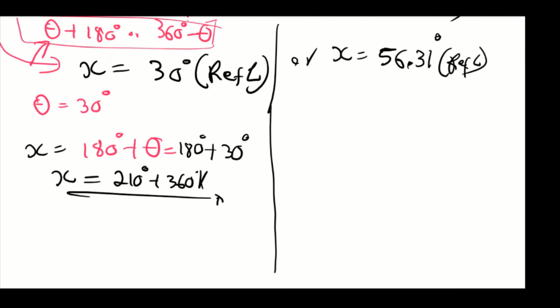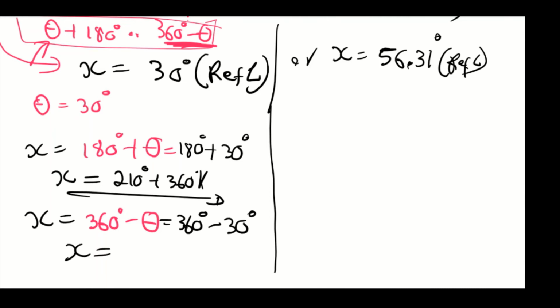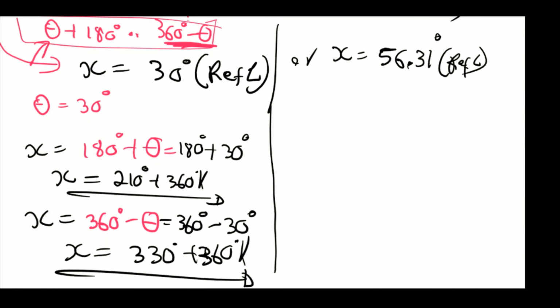So this is the first solution, and then the second solution is this one. We're going to say x is equals to 360 degrees minus theta, which is actually 360 degrees minus your reference angle of 30 degrees. So your x value is going to be 330 degrees plus 360 degrees k. So this is your solution of x for this side of the problem.